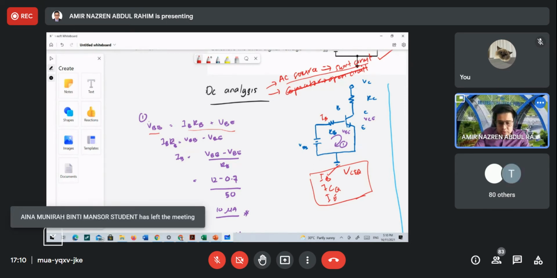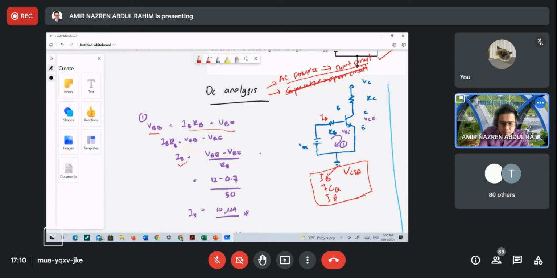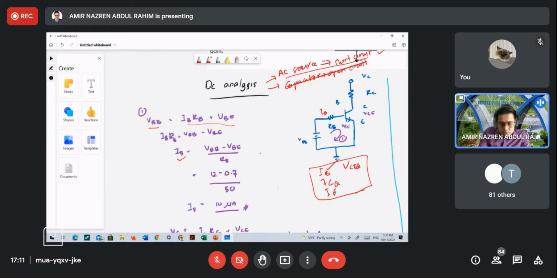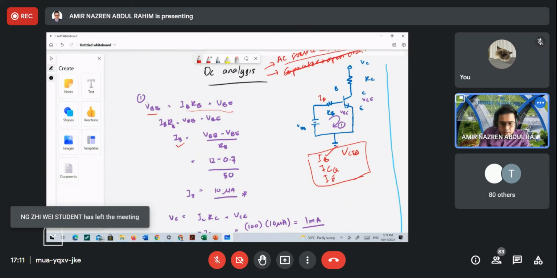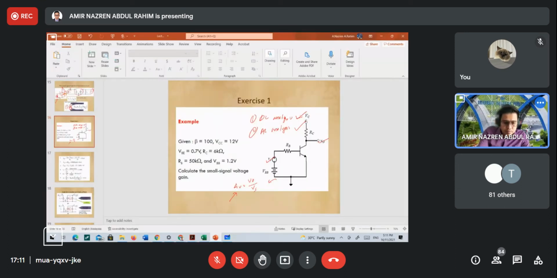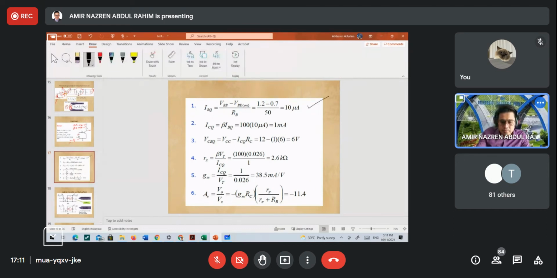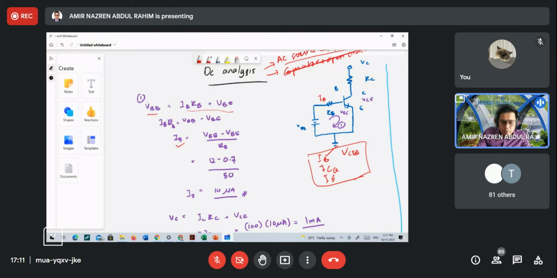To get IB, we bring VBB minus VBE, and then RB to the right side, then divide the voltage. 5 minus 0.7 divided by 50, we get IB as 10 milliampere. All right, the same: how to get IB equal to VBB minus VBE over RB from these derivations.